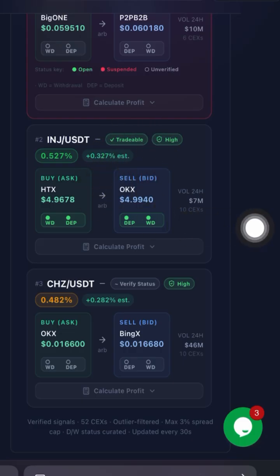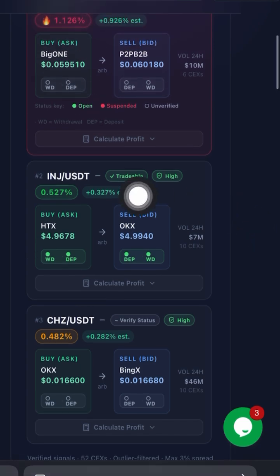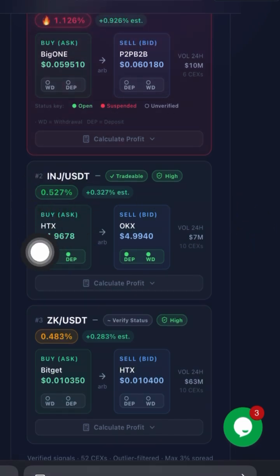You see that? 0.3 is not cool to trade that coin. So if you always depend on the first percentage, the spread, you will get it wrong.